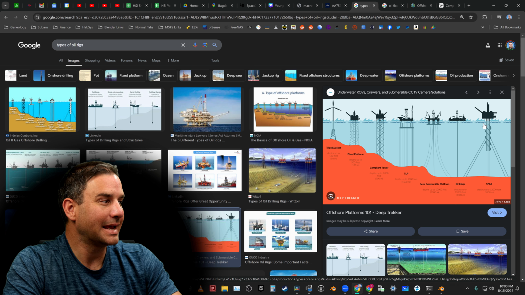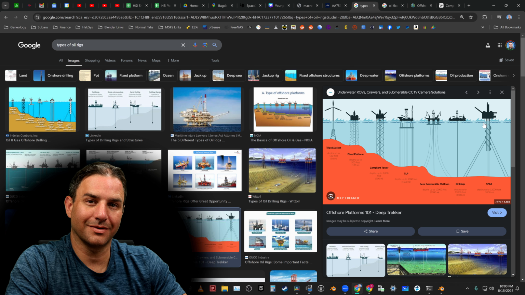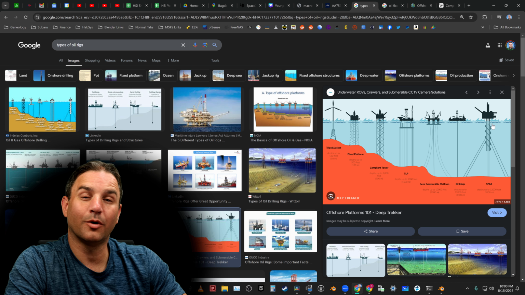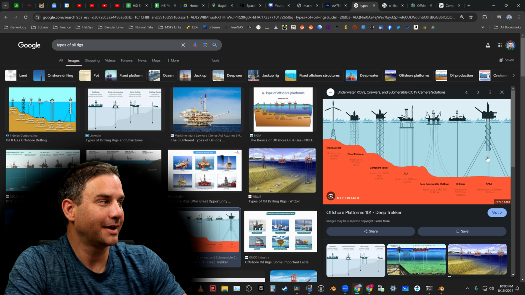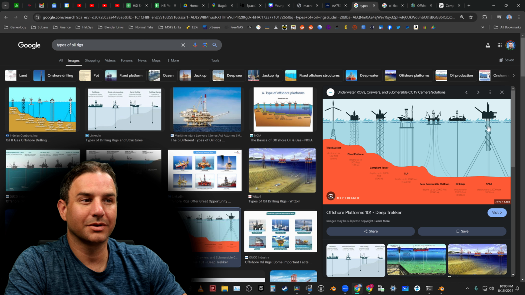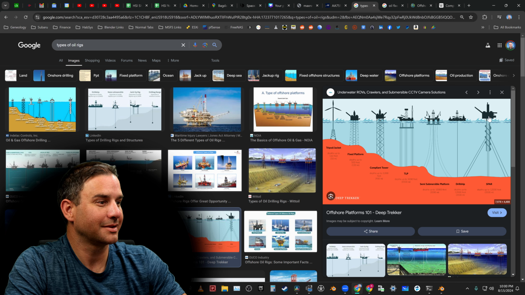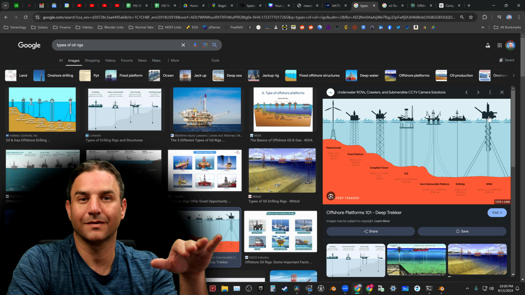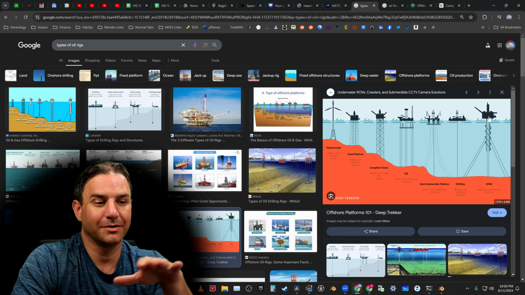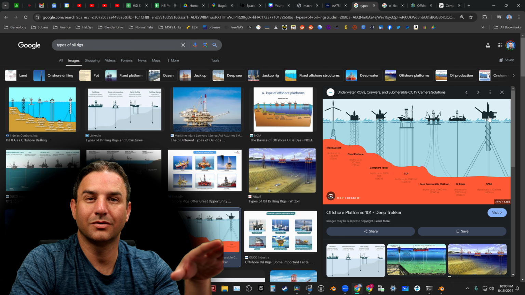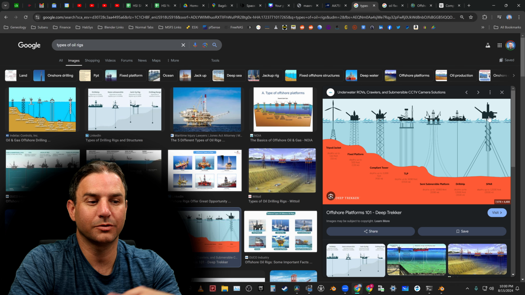So the next type of structure is called spar tower. Now, the spar tower is really considered to be the best. It is like the gold standard of having a floating island on the ocean because it is the most versatile.